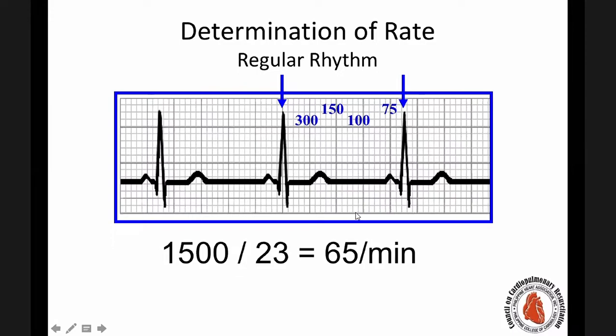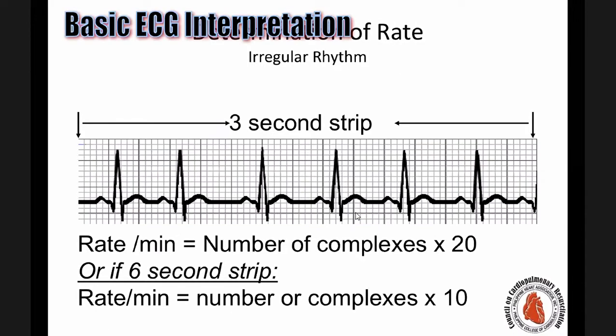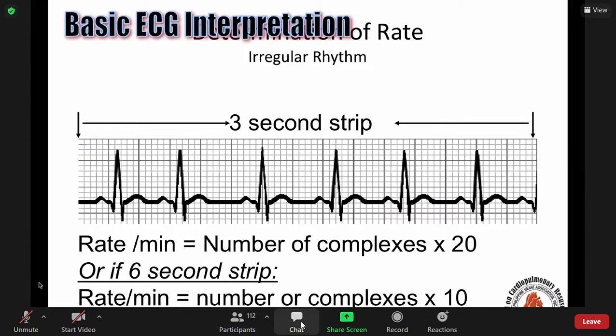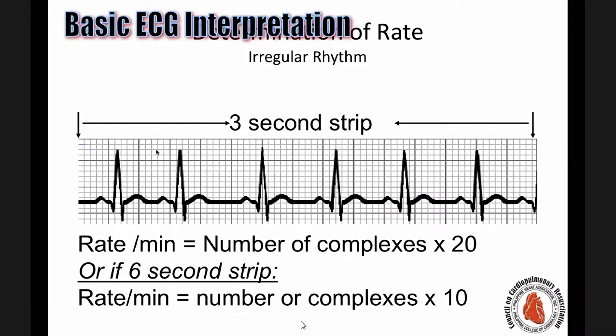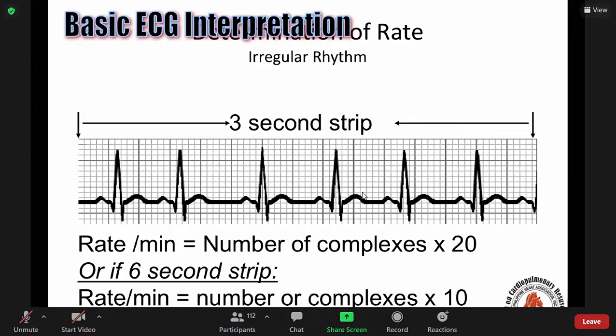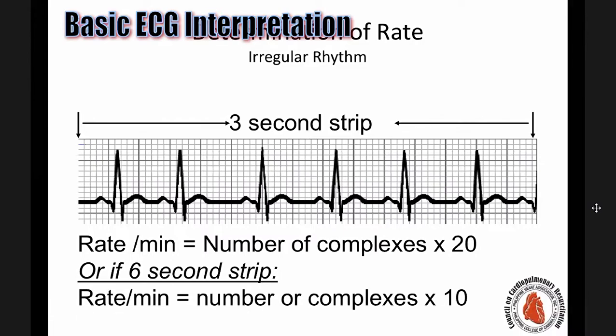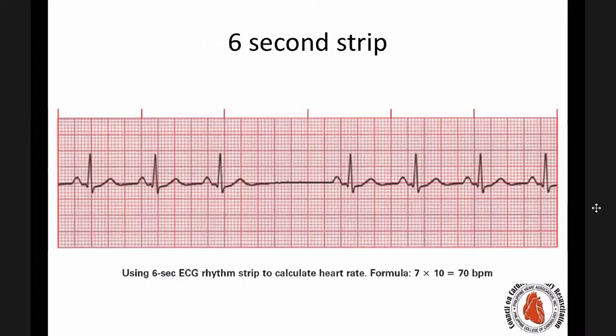Okay. Meron din namang 3 second strip, meaning to say, you just count the number of R waves. 4, 5, 6. So 6 times 10, 60 beats per minute. Pero pwede namang 6 second strip. Pag sinabi nating 1 second, ibig sabihin 5 big squares yun.